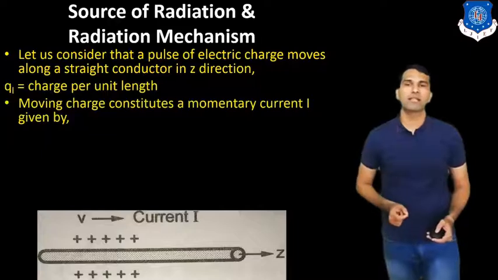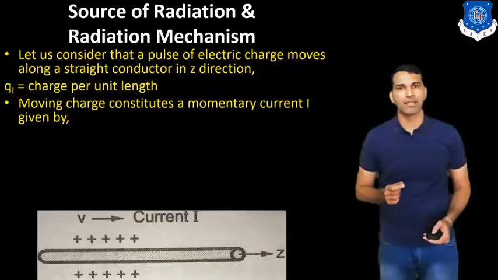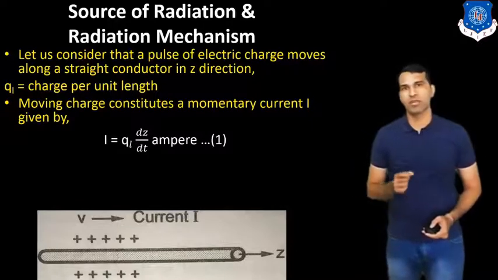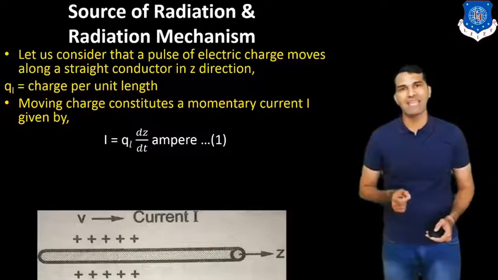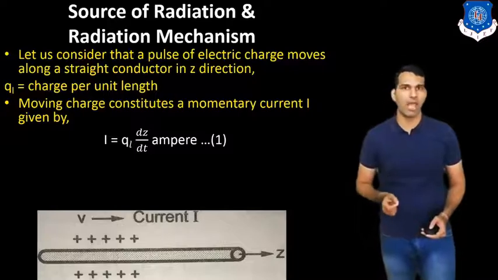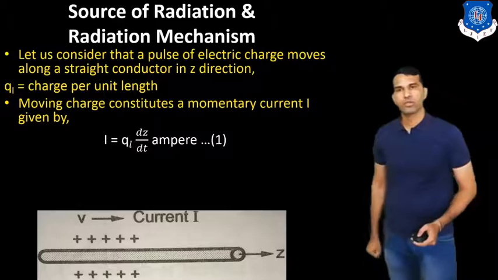The moving charge constitutes a momentary current I, given by I equals QL dz by dt, and the unit of current is the ampere. We call this equation number 1.